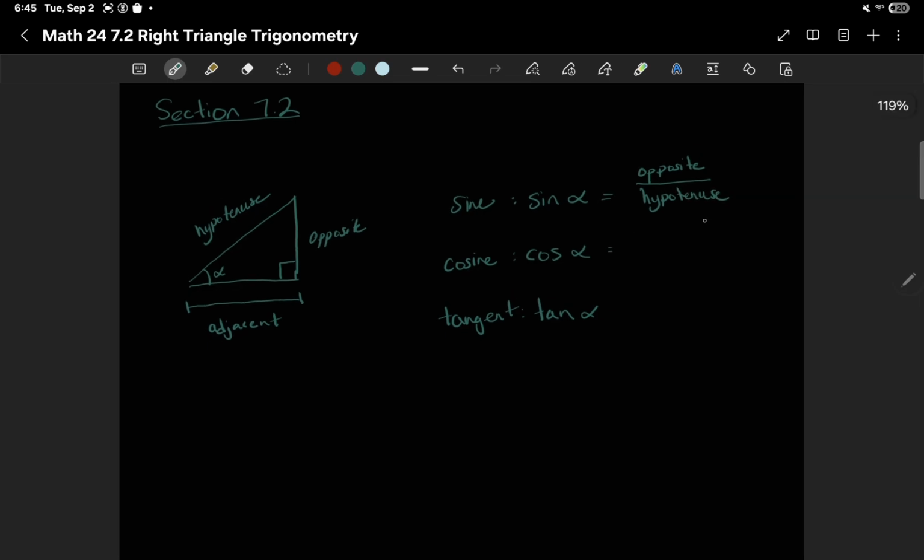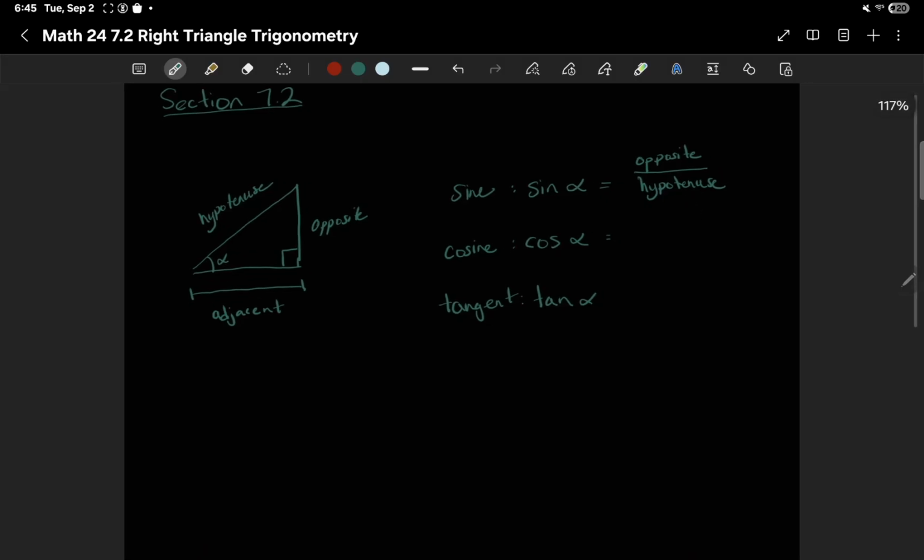Likewise, cosine of alpha is a proportion, or a fraction, of the adjacent side over the hypotenuse. And finally, tangent is a proportion of how large the opposite side is over the adjacent side.